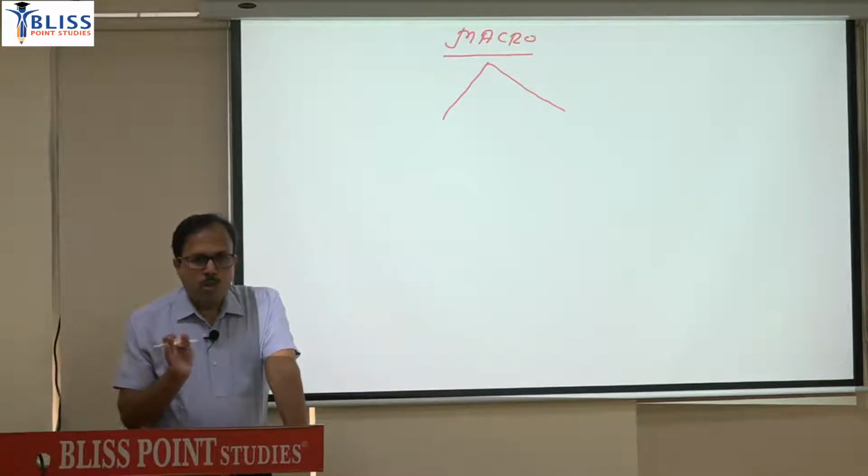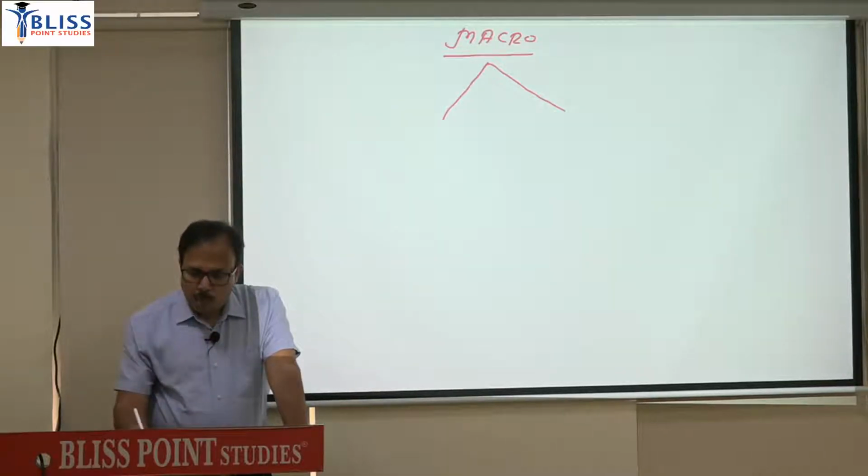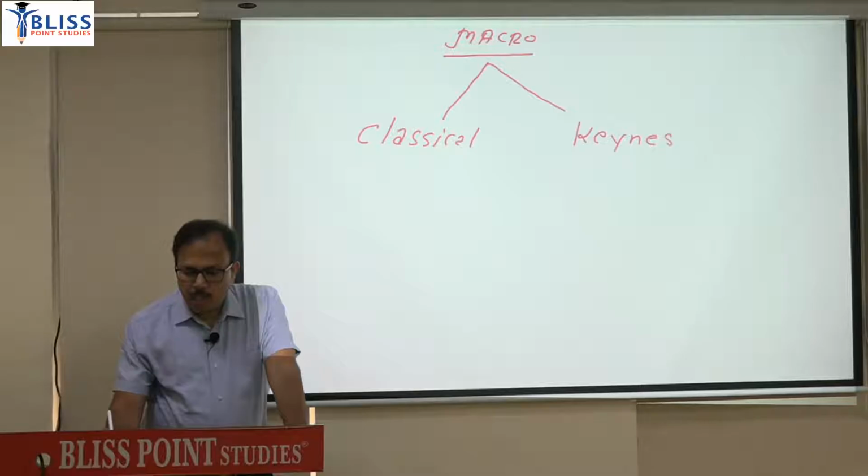One school of thought, which is traditional economics, collectively they are called the classical economics. So one important part will be the classical economics. The counter to classical was provided by Keynes. That means the drawback in the classical approach was pointed out by Keynes, and their followers are referred to as Keynesian.